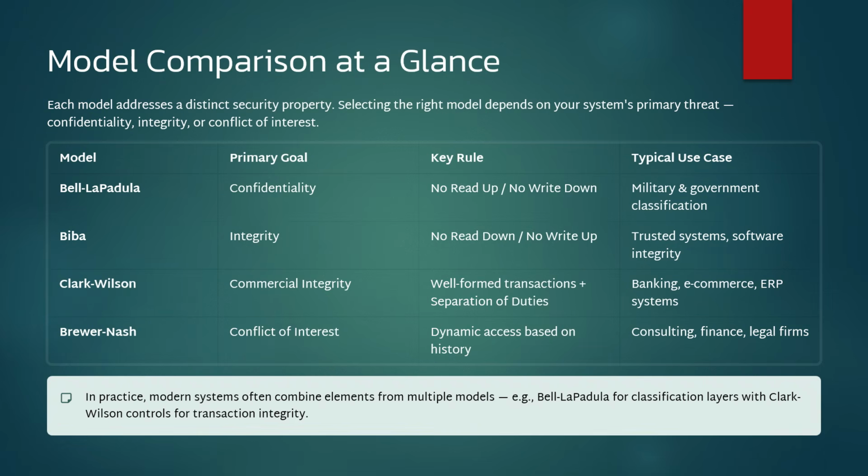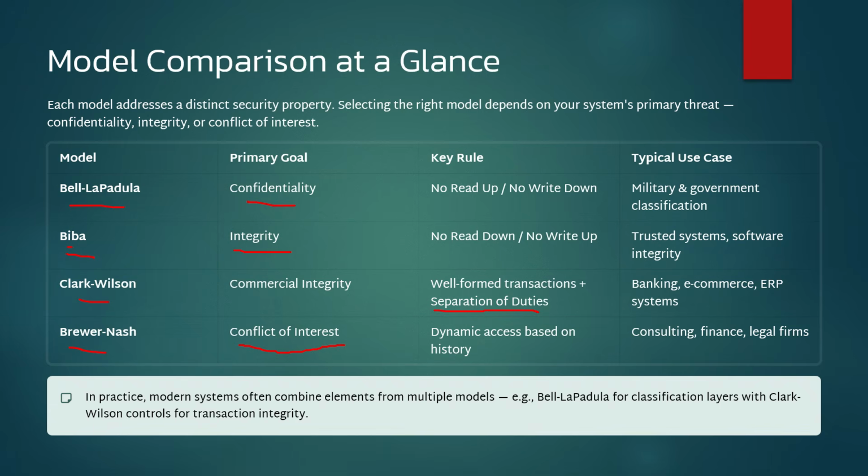Lastly, you can compare all the models. You can pause this video and go through them for your better understanding. There are four models as we discussed: LaPadula, Biba, Clark-Wilson, and Brewer-Nash. LaPadula is confidentiality, Biba is integrity, Clark-Wilson focuses on separation of duties, and Brewer-Nash focuses on conflict of interest.